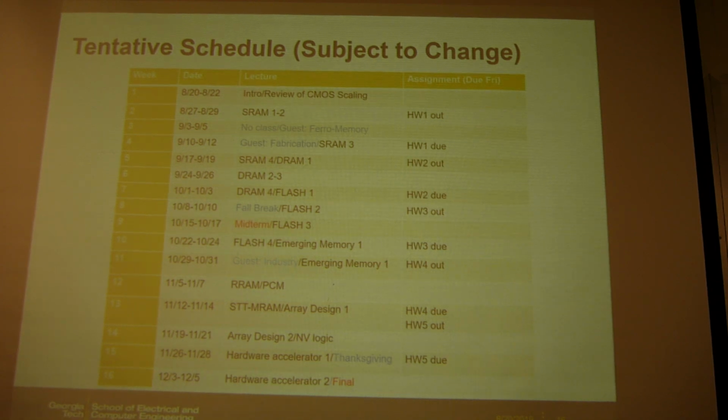And also we are going to have the fall break and midterm exam and also Thanksgiving. So we have some classes missing here in this table. We'll roughly follow this schedule, but of course we can adjust the schedule as appropriate when we progress.